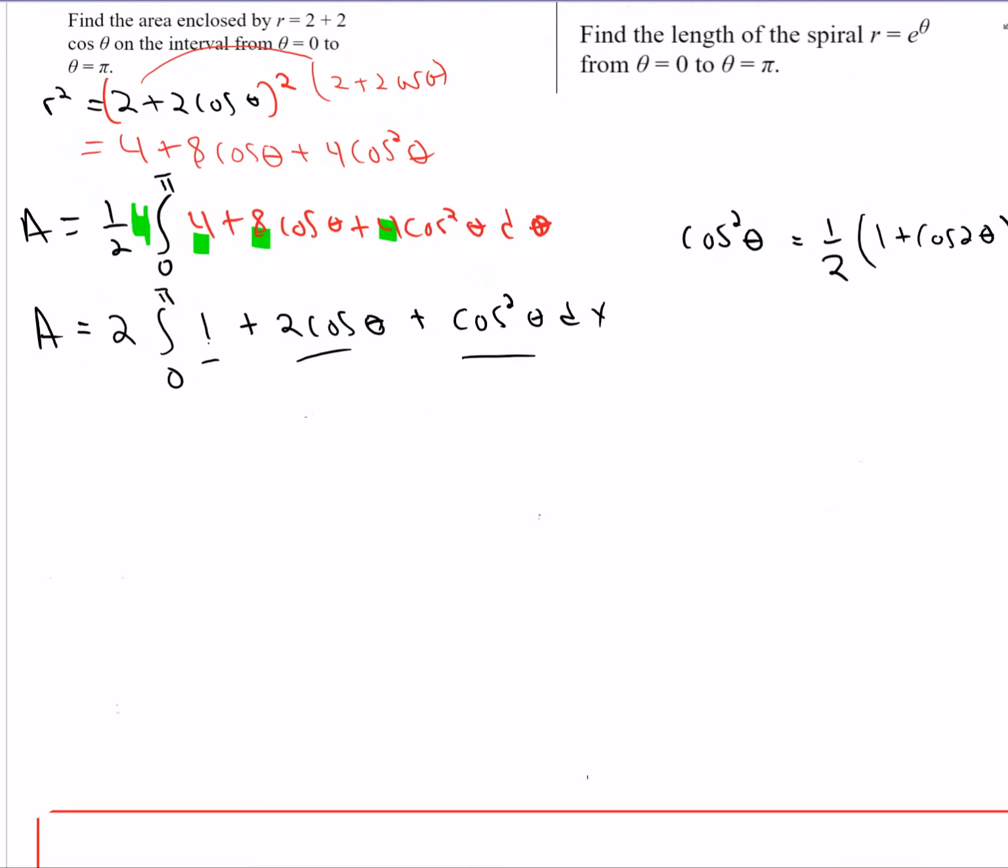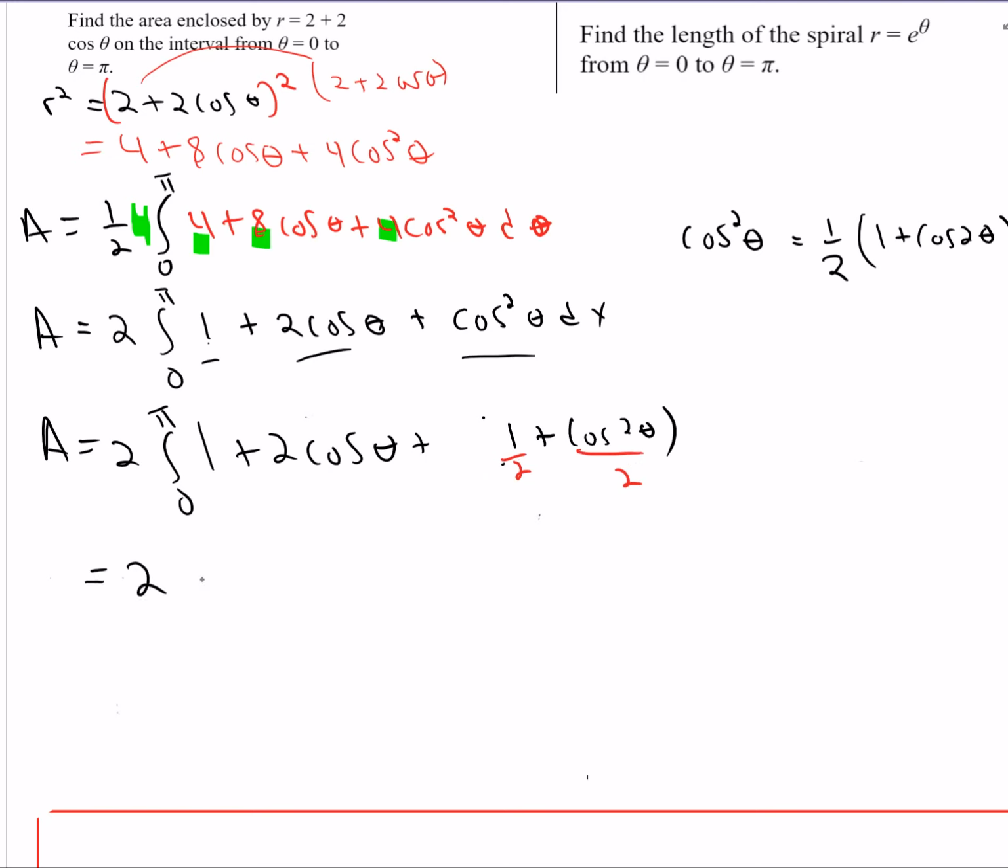All right, so we're going to go ahead and replace this cosine squared theta with 1/2 of 1 plus cosine 2 theta, which I guess an easier way of writing it would be distributing the 1/2 in there again, right? So actually writing 1/2 here and 1/2 there. Maybe that's going to be easier to integrate. We can go ahead and integrate now.